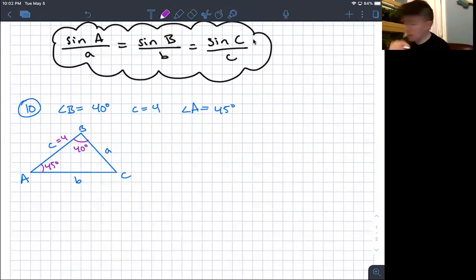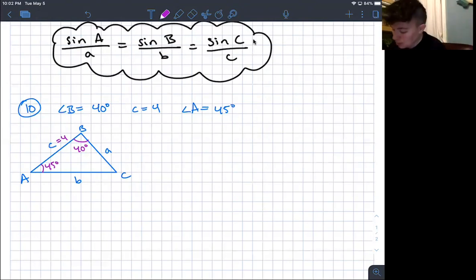So right off the bat, I can find angle C super easy, because if you remember, and I talked about this in the video yesterday, all of the angles in a triangle add up to 180 degrees.